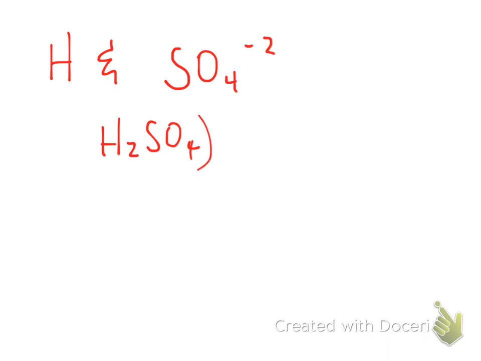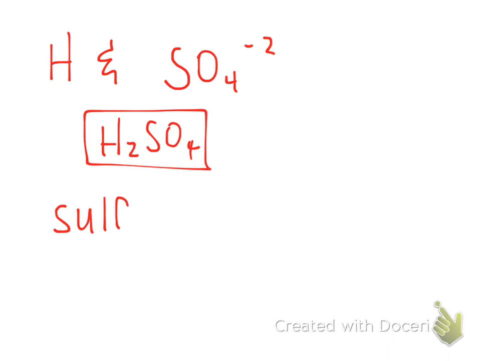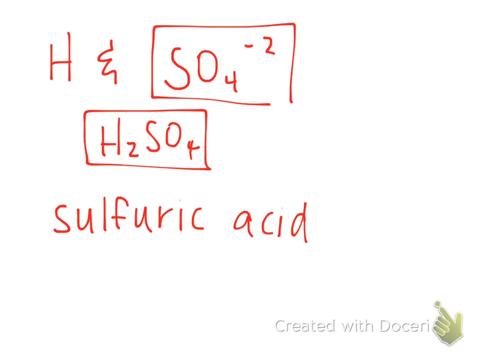Right? And do I need parentheses here? No, because I didn't need more than one of my polyatomic ions. So H2SO4 is my final formula. The name of my acid would be sulfuric acid.